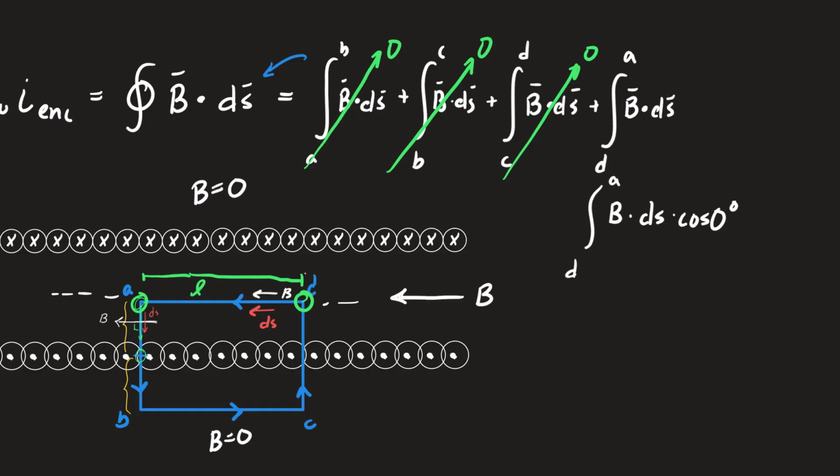I was careful to try and exploit some of the symmetry here and make sure I was using a rectangular shape. So if you're asked to do this on an exam, make sure that the rectangle that you draw has a portion of the rectangle outside the solenoid, a portion of the rectangle inside the solenoid, and make sure that the portion of the rectangle that is inside the solenoid stays parallel to the coils, because we're trying to exploit that symmetry.